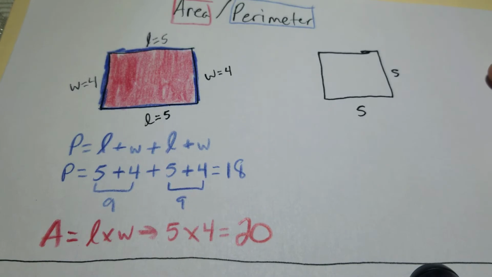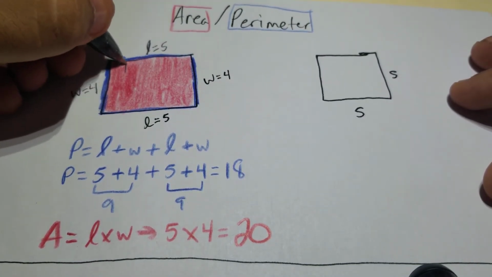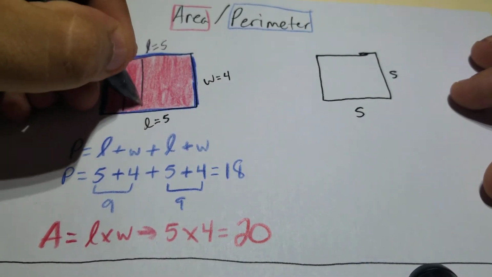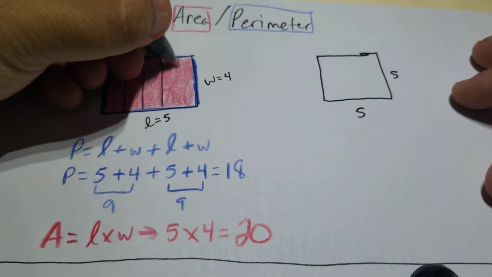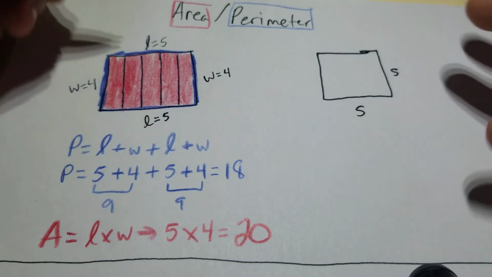Now to go ahead and prove this to you, if I were to take my lengths and turn them into columns, 1, 2, 3, 4, and 5. I know they're not going to be equal, but just bear with me.